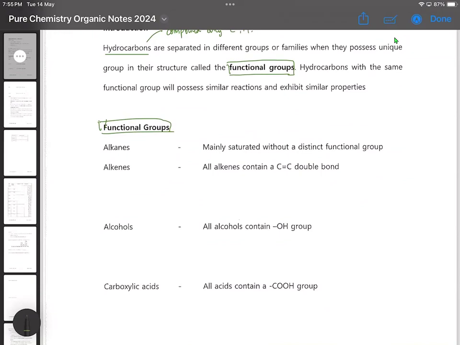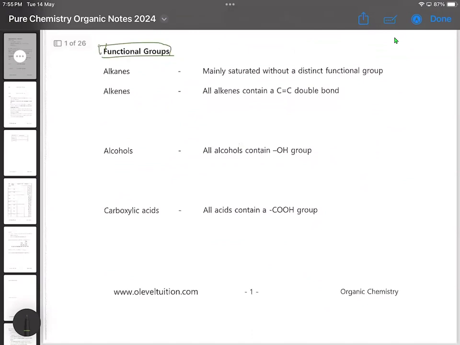For example, let's take a look at something that we are very familiar with, acids. All acids have this COO group. This COO group is called a functional group of acids.